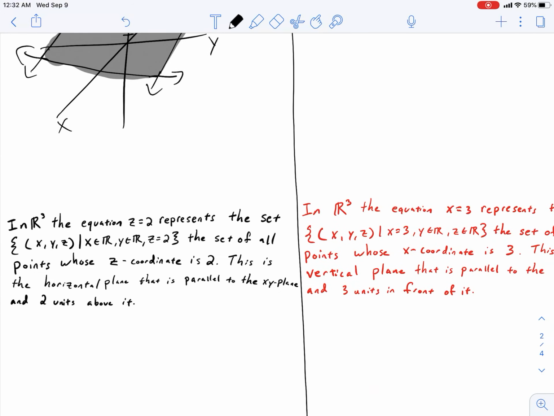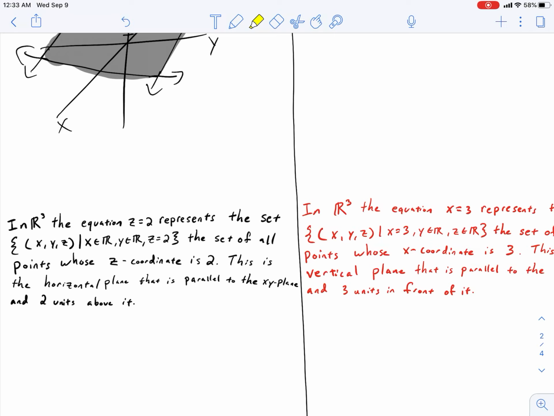So when I ask you to describe this, you can describe it a few ways. I'm going to go ahead and read this. In the three-dimensional coordinate system, the equation z equals 2 represents the set of x, y, and z. Because we're dealing with a three-dimensional coordinate system, we use x, y, and z, where x is all real numbers, y is all real numbers, and z equals 2.